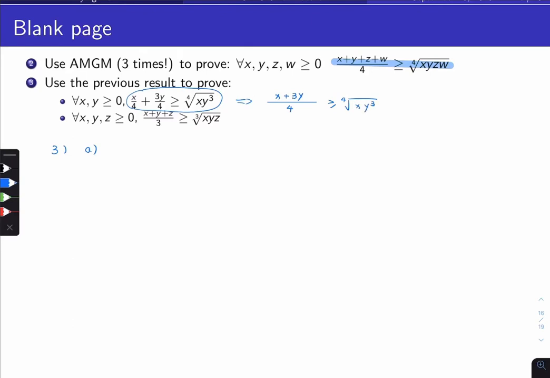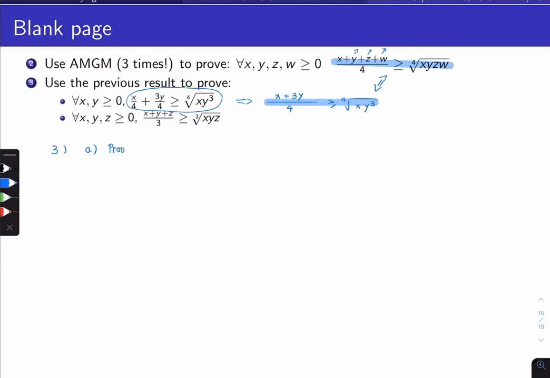Okay, so if you compare this inequality with what's given here, you can see that if we let y, z, and w here be equal, then we have this already. So this is simple enough.